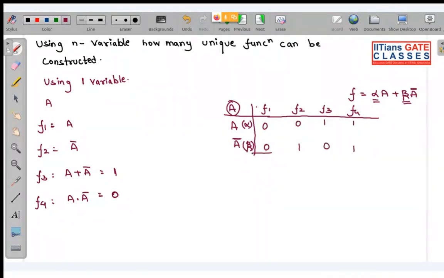Now if you solve, the first is 0. When alpha is 0 and beta is 1, this will be A complement. Next is A.